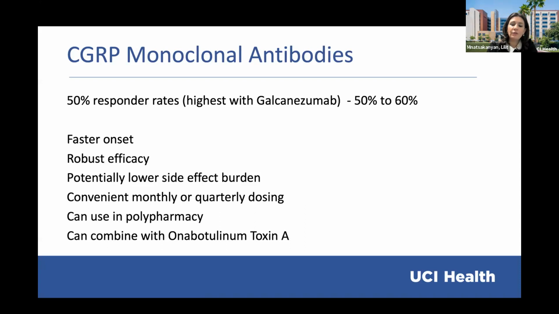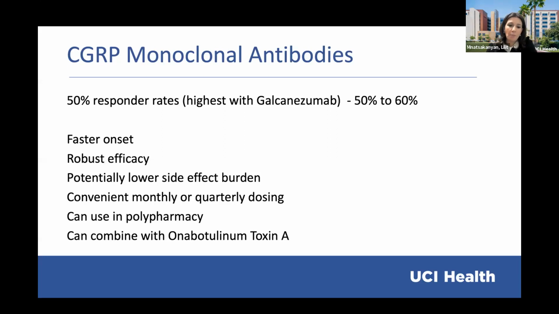Even though the pivotal trials showed fewer side effects, and the post-approval period showed a little bit higher percentage of side effects, overall, as a group, it has lower side effect burden. And they're convenient in the way they're administered.